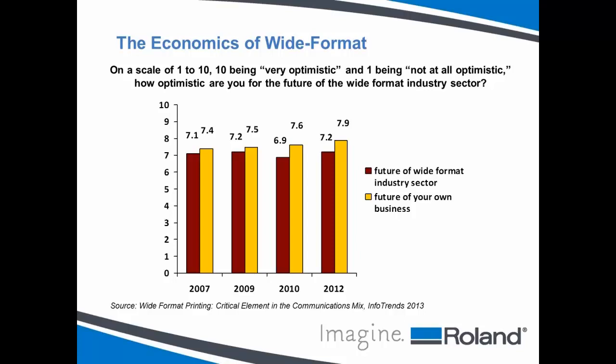You can see it's been on a steady increase. If you ask that question on a scale where one is not so optimistic and 10 is very optimistic, it's at a high now at almost 8. So the business is thriving, the business is growing.